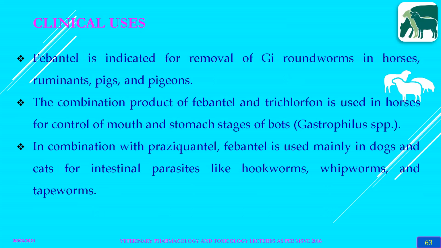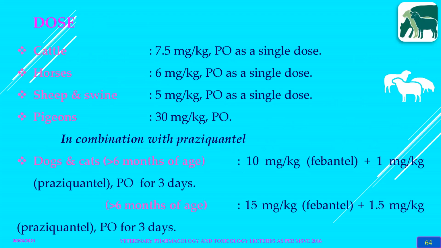Along with praziquantel, an anticestodal drug, febantel is used mainly in dogs and cats for intestinal parasites like hookworms, whipworms, and tapeworms. The dose is the same, 7.5 milligram to 30 milligram. Of course, in combination with praziquantel, the dose is a little less.